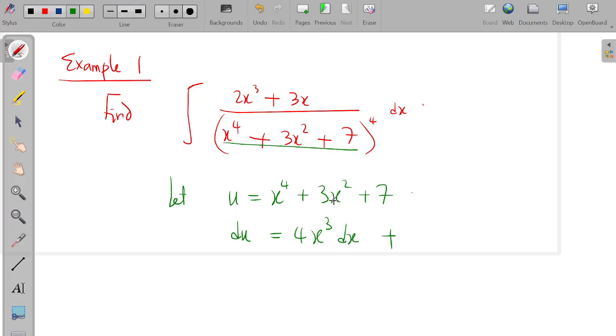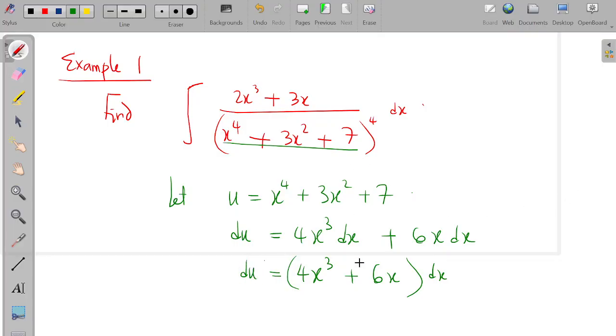Then differentiate the constant, that will be 0. So du equals (4x^3 + 6x) dx.